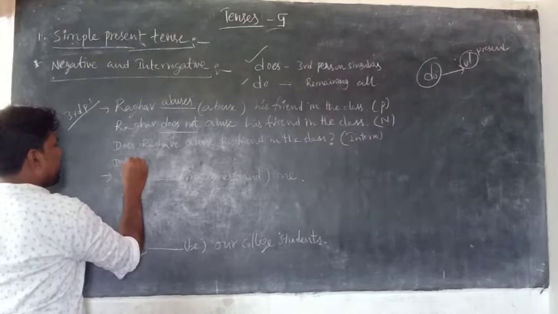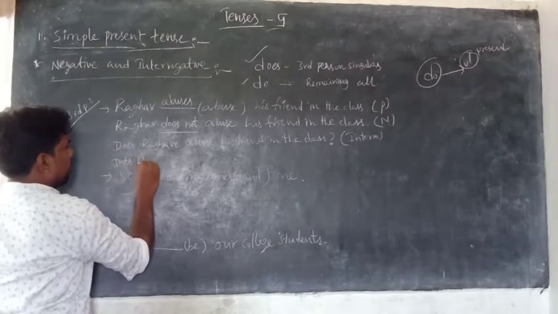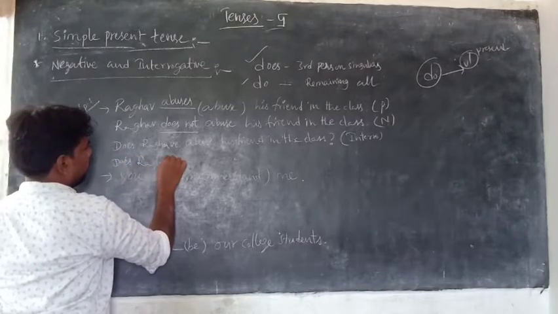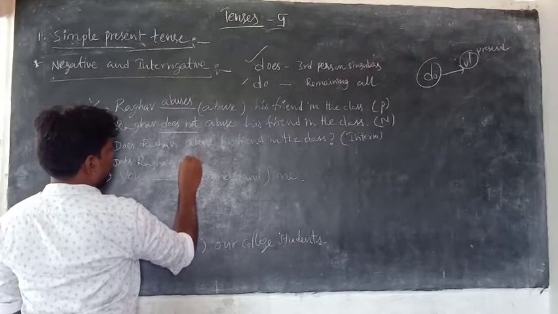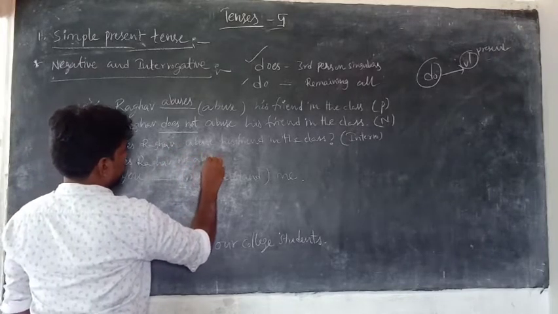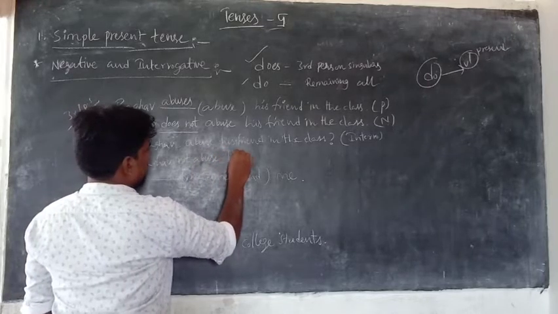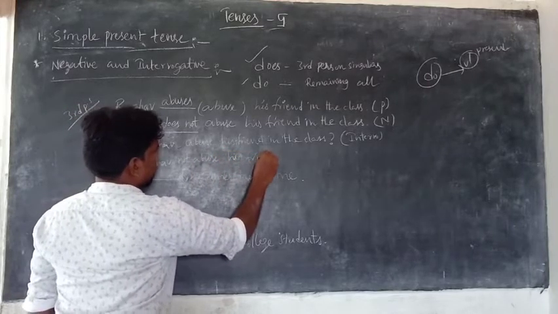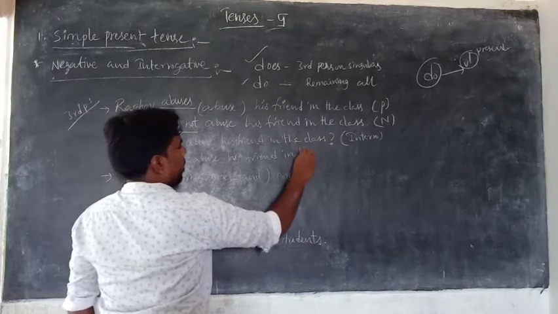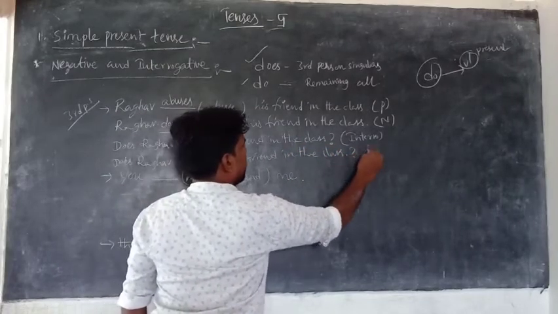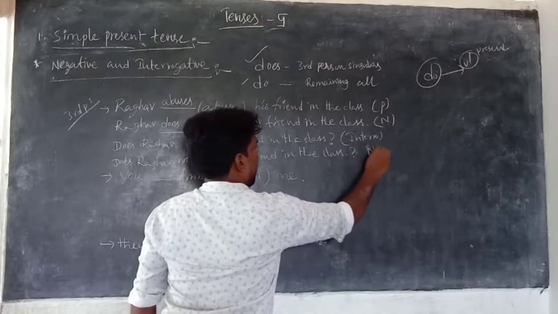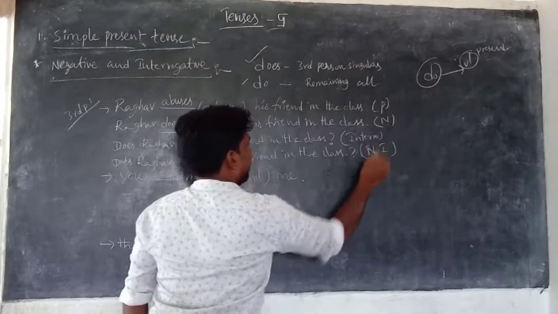Does Raghav not abuse his friend in the class? It is NI. NI means negative interrogative.